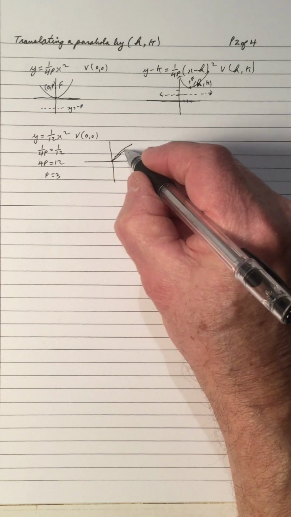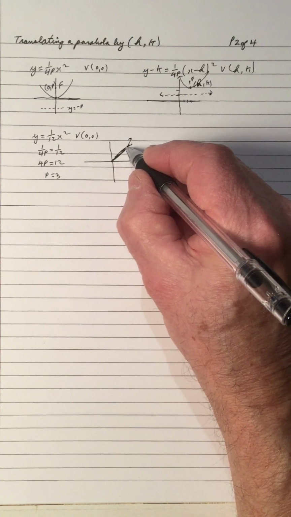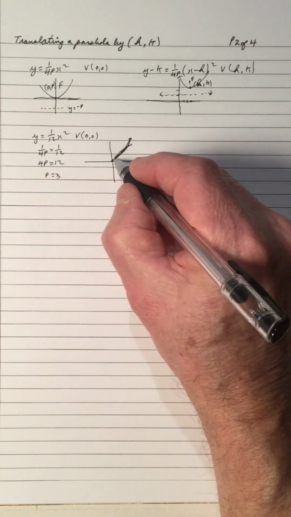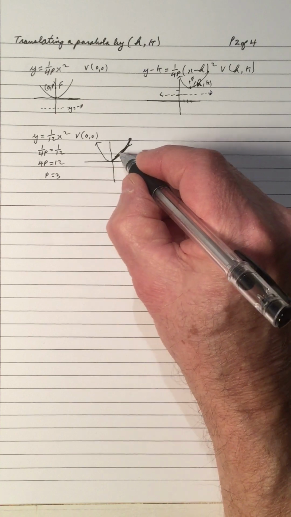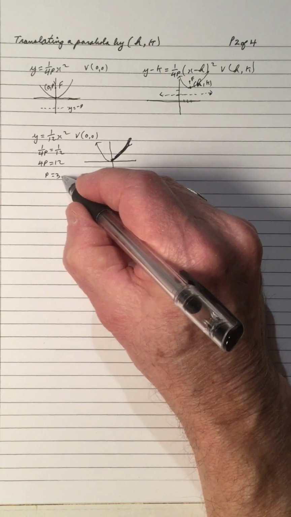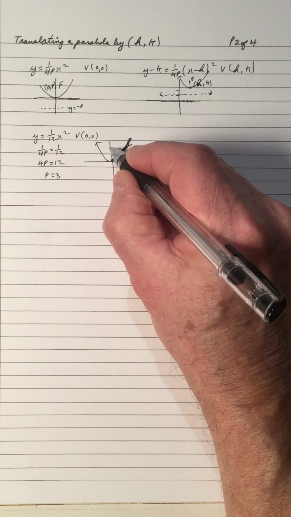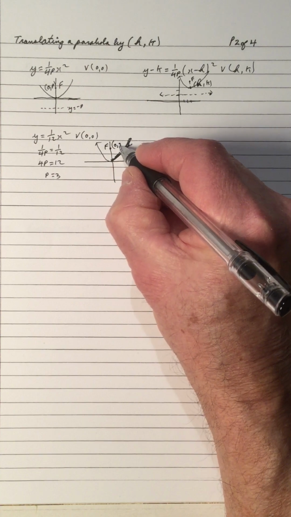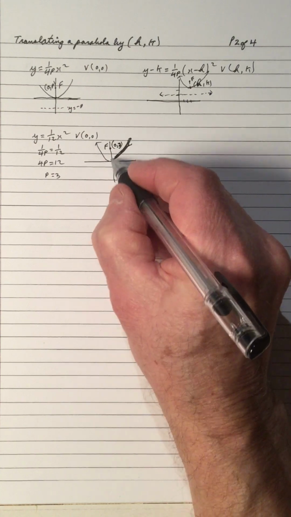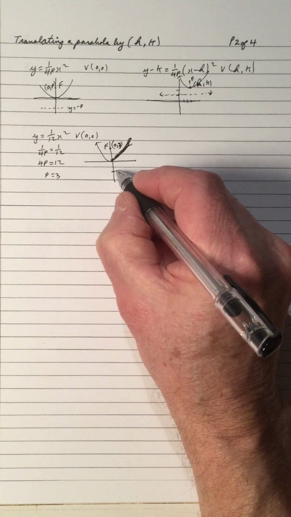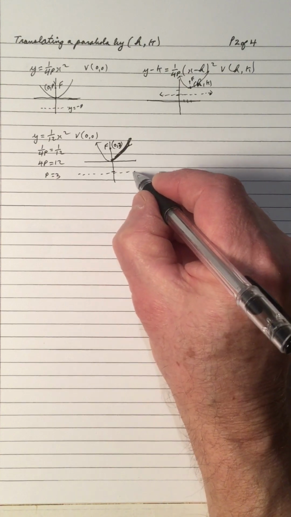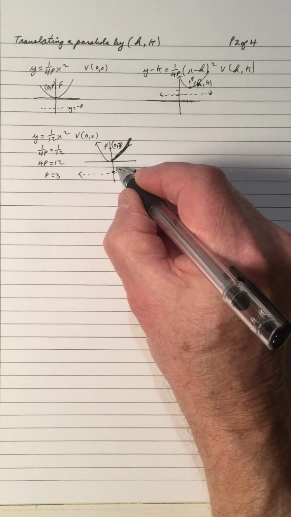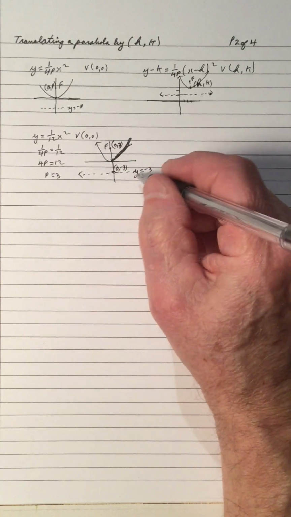I almost made a mistake, I was going to turn it sideways. It opens up. P is 3. So the focus is (0, 3), and the directrix is on the other side at -3, so that's y equals -3. This point here is (0, -3). So that's your focus and directrix.